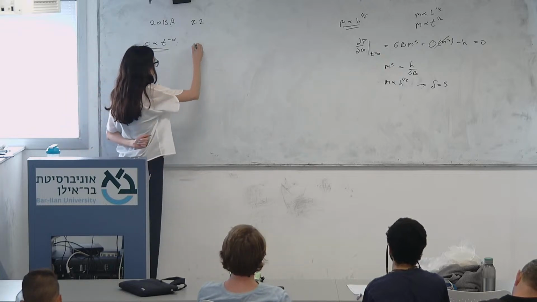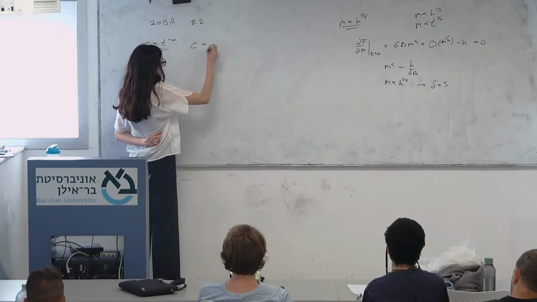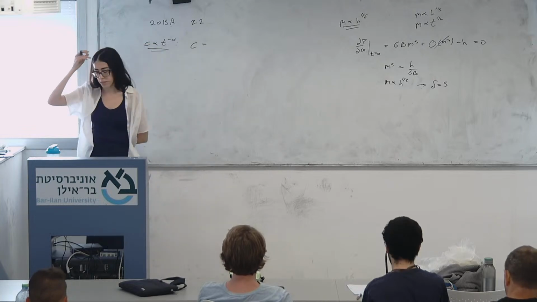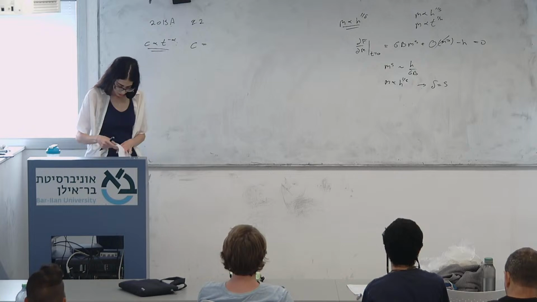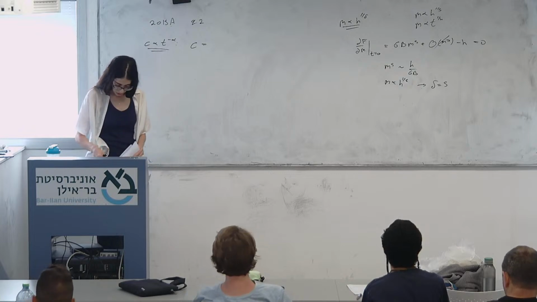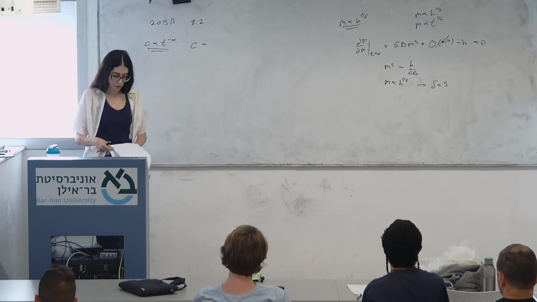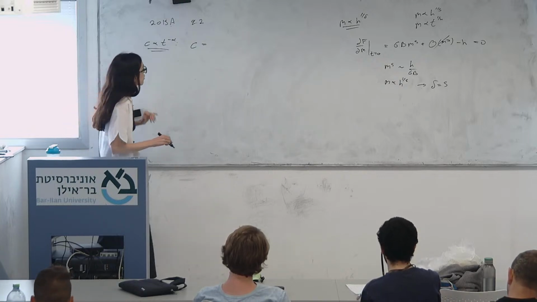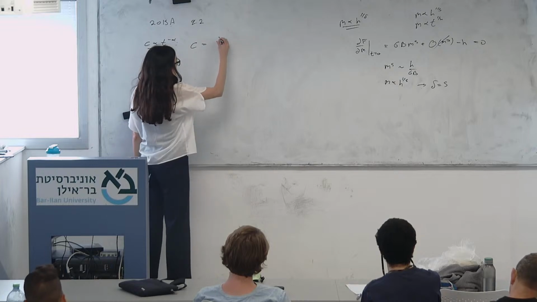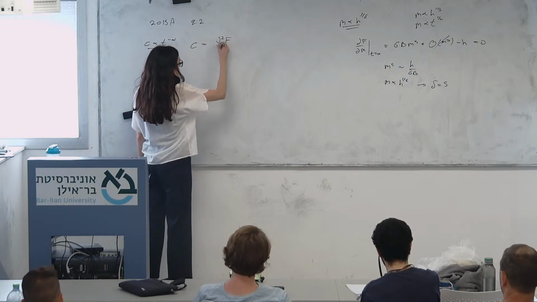So the specific heat is defined in general as the second derivative of the free energy with respect to the temperature, right? Where did I write it? I should not have deleted the free energy. So we have the second derivative.